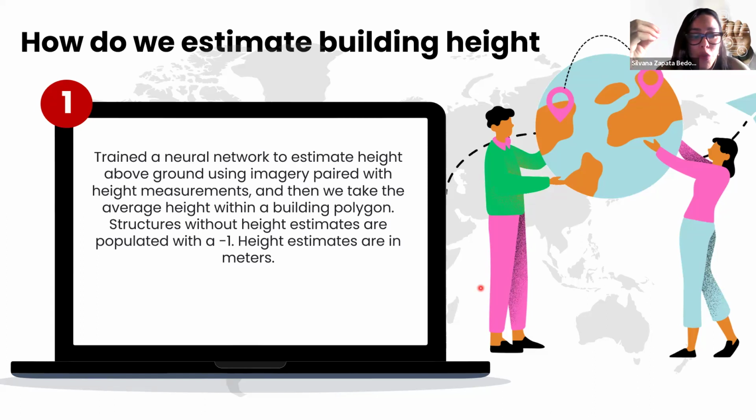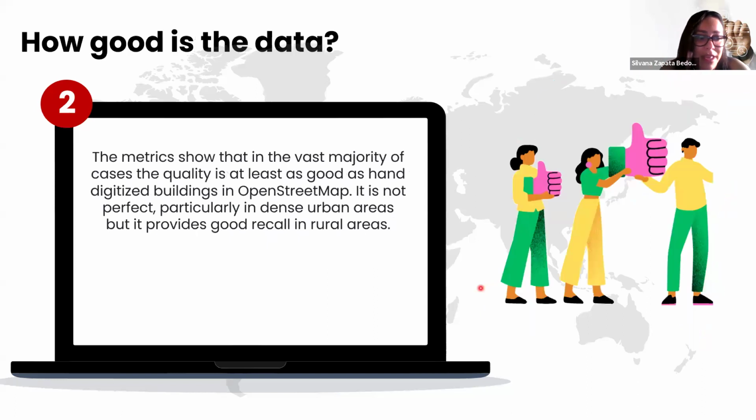Structures without height estimates were defined with the value -1, and the height estimates are given in meters. These estimates perform well on the metrics, but in the end, the data set, like OpenStreetMap, is not perfect in everything.